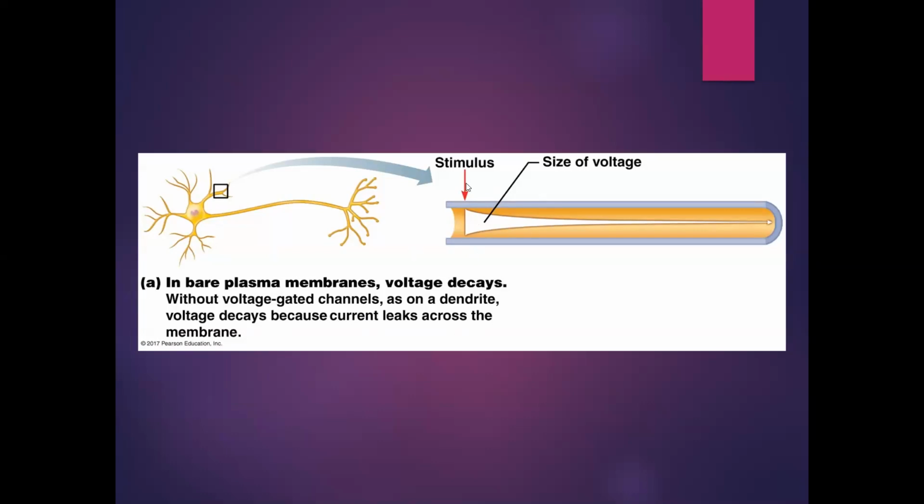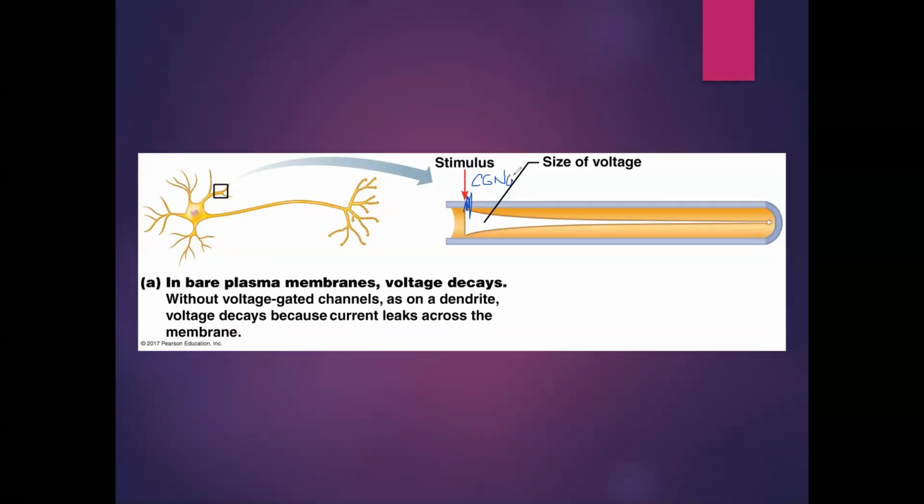So I depolarize right here. At that point, let me draw in what we're going to have. Right here, I'm going to have my chemically gated sodium channel, and then sodium is going to come in.